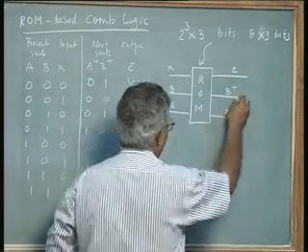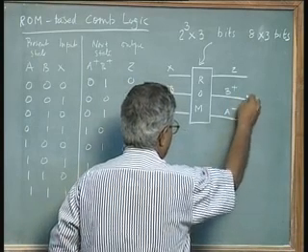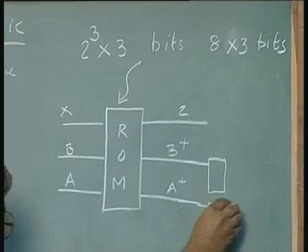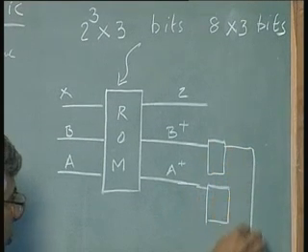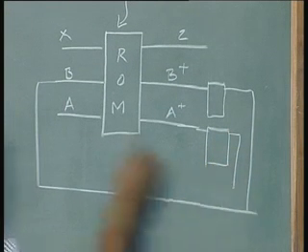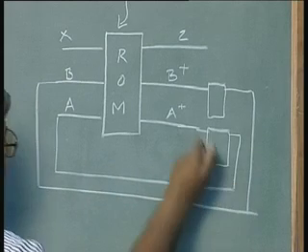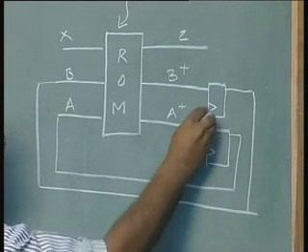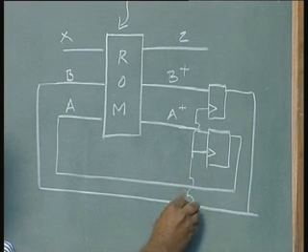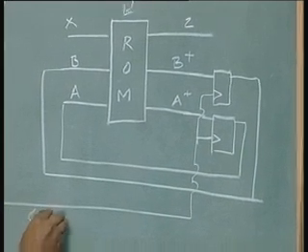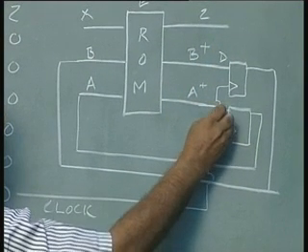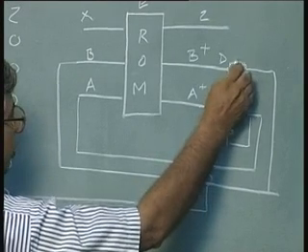Now, what happens to the output? The output is fed back into registers, kept in the registers, and fed back as inputs. These are D inputs, Q outputs.